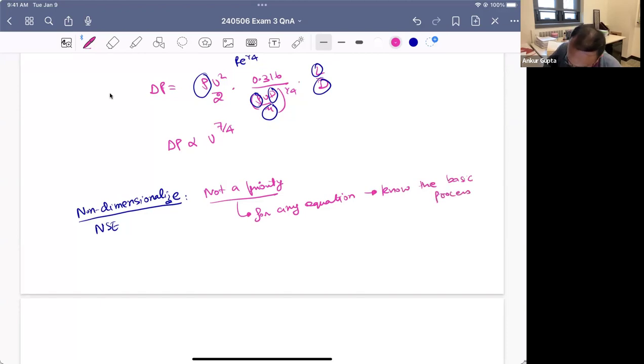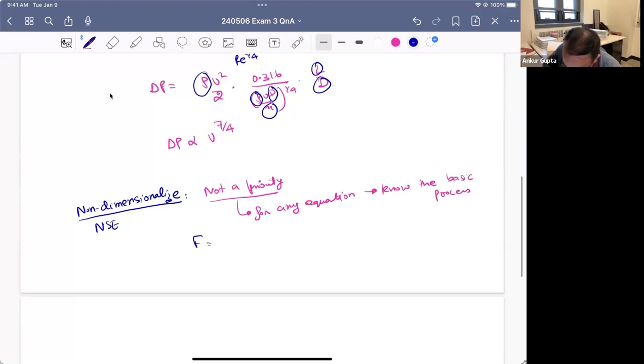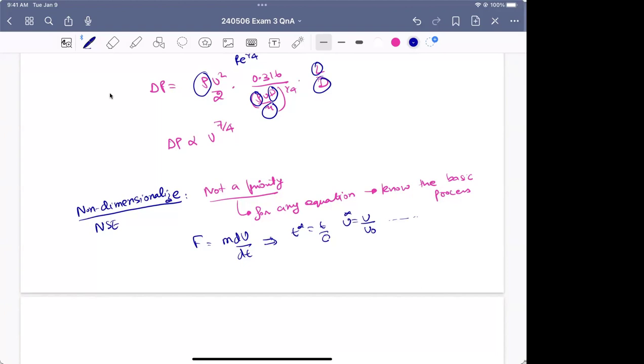If I have some sort of F is equal to M du by dt, and I tell you that T star is T by tau, U star is U by U naught, and stuff like that, you should know how to substitute it, but I wouldn't worry about memorizing it or working in too much detail. It'll be something simple. You should just be aware of how to substitute and get it out, but don't worry about remembering the full Navier-Stokes equation.